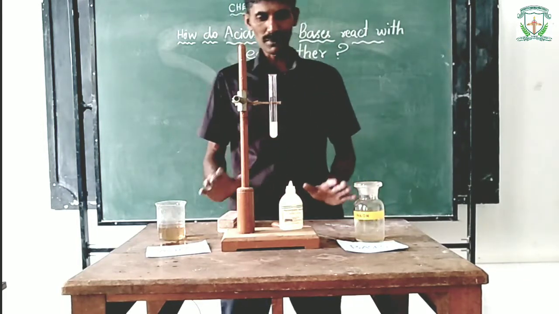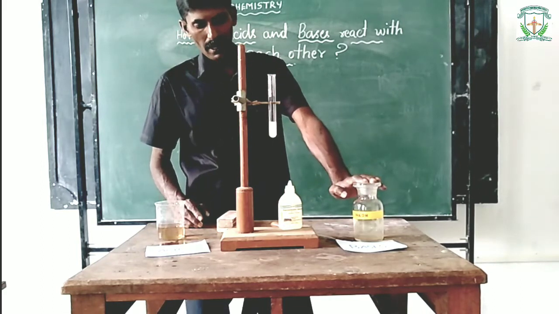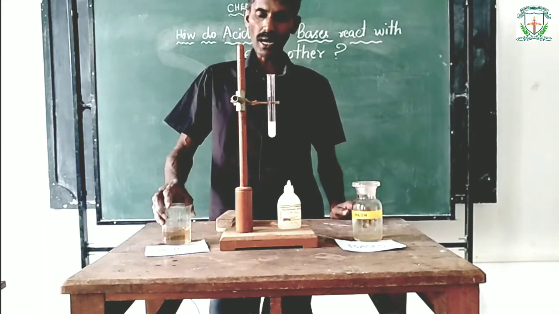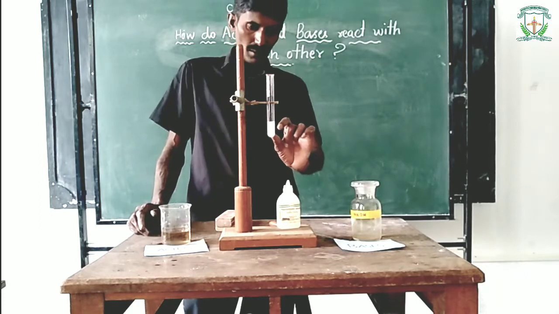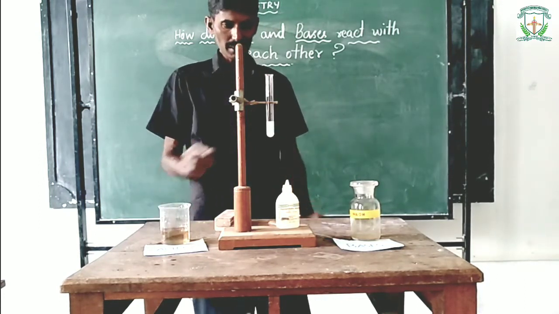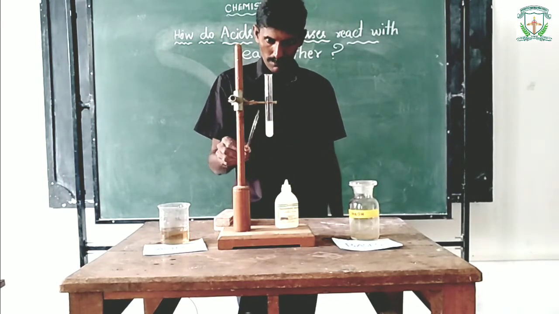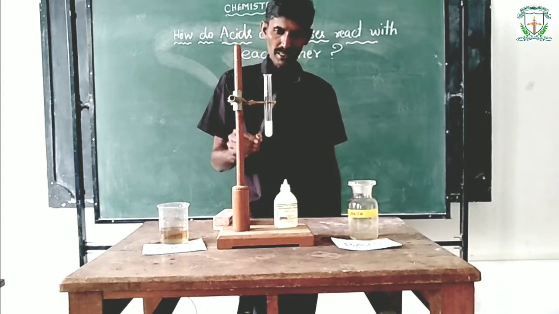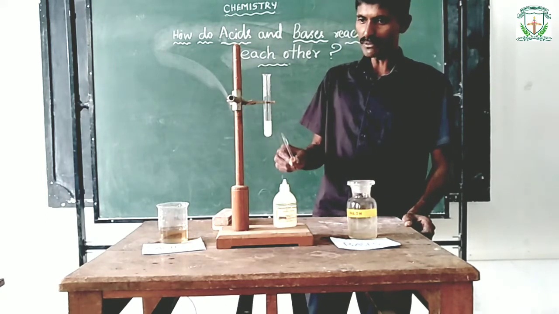So from this experiment, we came to know that base and acid react. Sodium hydroxide and hydrochloric acid give salt and water. You see the water drops forming on the surface of the test tube.